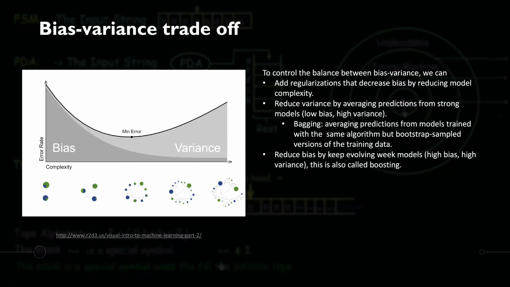Okay, so let's say we train a model, specifically a decision tree model. If you take a look at the diagram, from the left-hand side to the right-hand side at the bottom, we see the decision tree becomes more and more complex, from one layer to two layers and multiple layers.